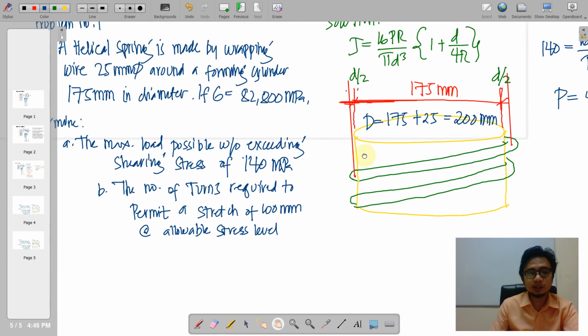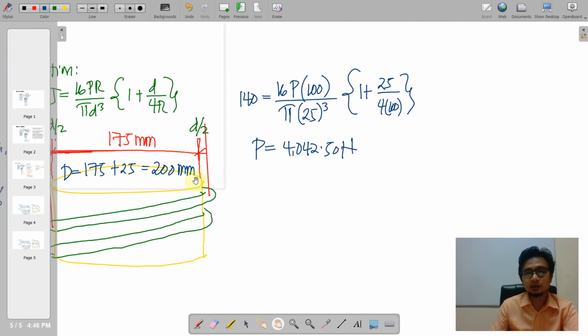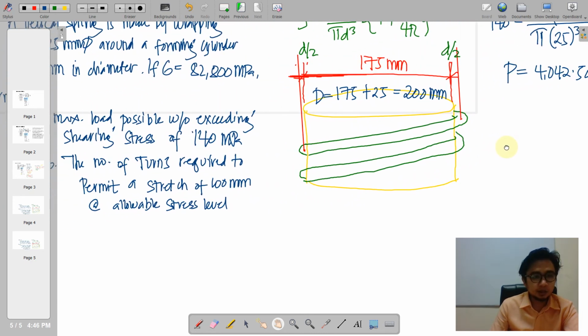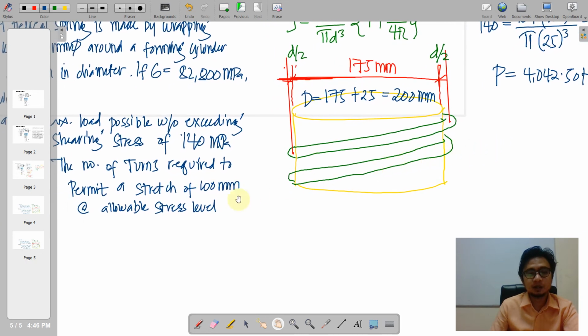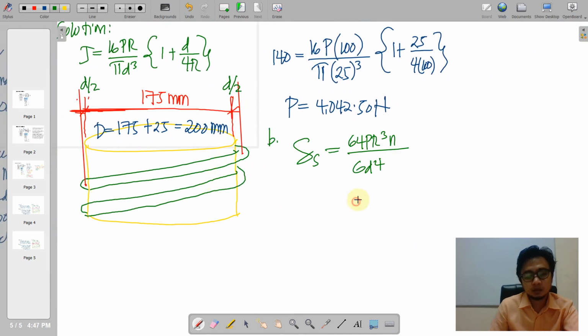So next unknown, the number of turns required to permit a stretch of 100 millimeter at allowable stress level. So we take note the allowable stress level, so that is at the level of 140 megapascals. So of course we would want to write the formula that is involving the number of turns and deformation, because a stretch is actually the deformation on the spring, and that is given by the equation 64PR cubed N all over GD raised to 4.